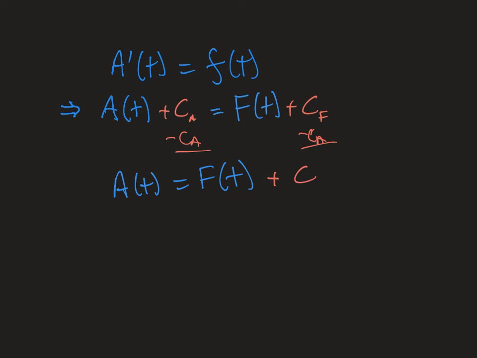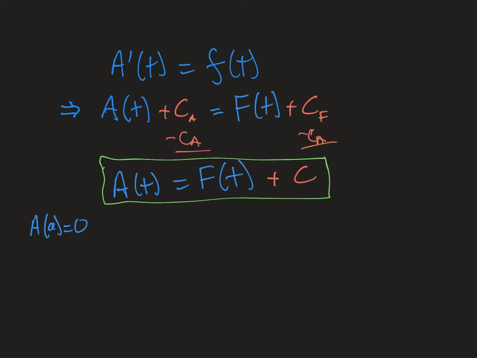Okay. Now, this statement we're going to use to help us solve for C. Because from the last slide, remember, I have some information. I know that A of a equals 0. So if I plug a into this function, that would be A of a equals F of a plus C, right?